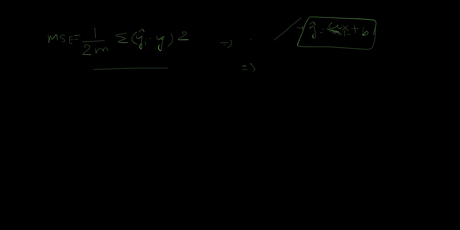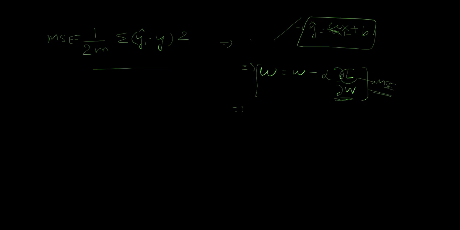If you use the gradient descent algorithm, which I'm sure many of you are familiar with, an optimization algorithm which iteratively finds the best weights and biases of the model, then we take the derivative of the loss with respect to W. Our loss is the mean squared error, right?